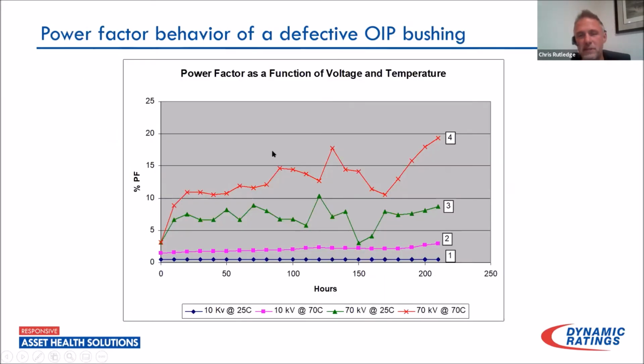So this kind of goes through how those temperatures and voltage levels can affect this. If you look at this blue line at the bottom, we're testing at 10 kV at 25 degrees C, and you see it's a relatively level reading for all of these tests. So we're not really seeing any increase in power factor at all, and this would be very closely related to your offline test.